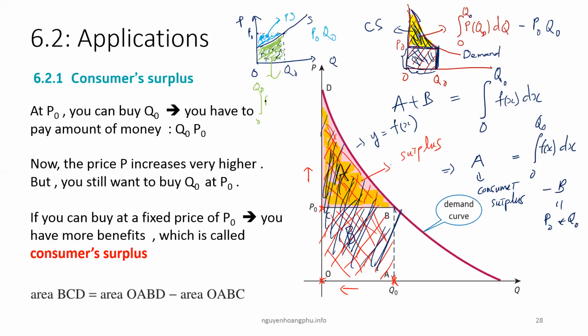Hàm supply là P by QS nhân với DQ. Ok. Thế như vậy là em sẽ lấy tổng diện tích của cái này trừ đi cái này. Trừ đi này thì em sẽ ra được cái phần PS.